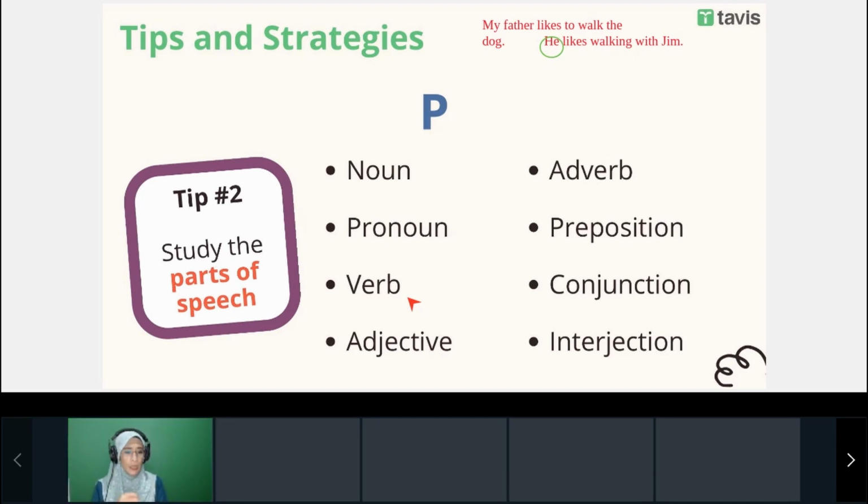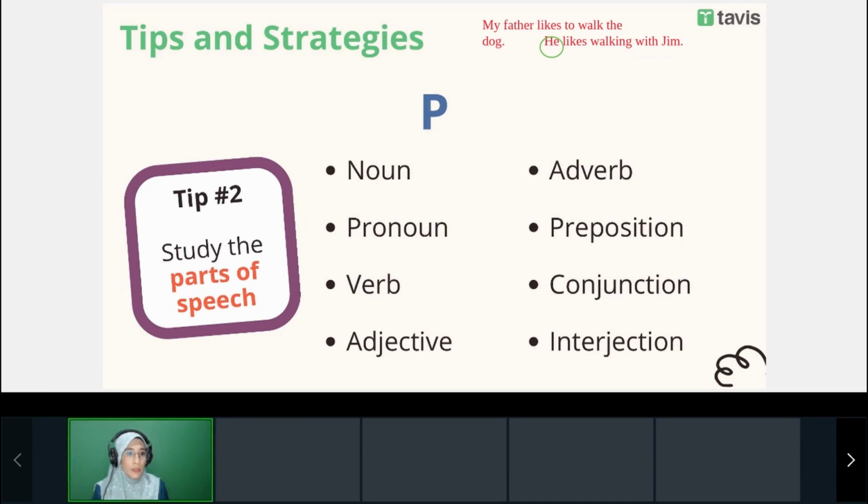So, can you tell me here the action in the sentence? My father likes to walk the dog. He likes walking with Jim. So where is the verb here? Where is the verb? So it's this one.